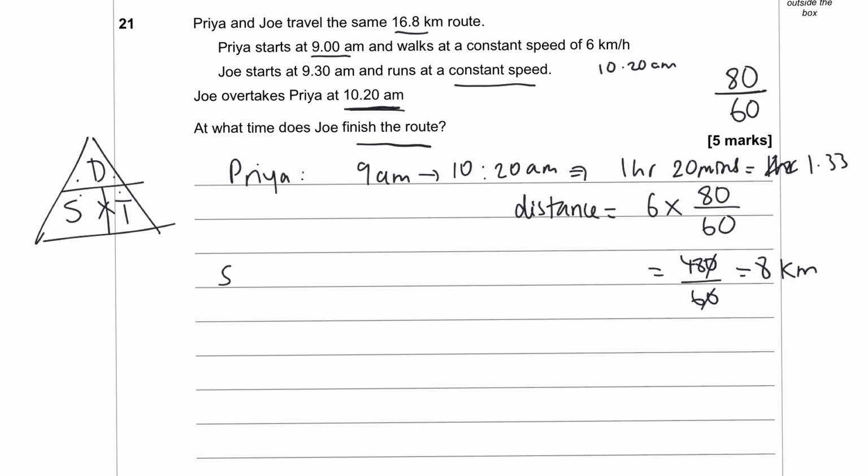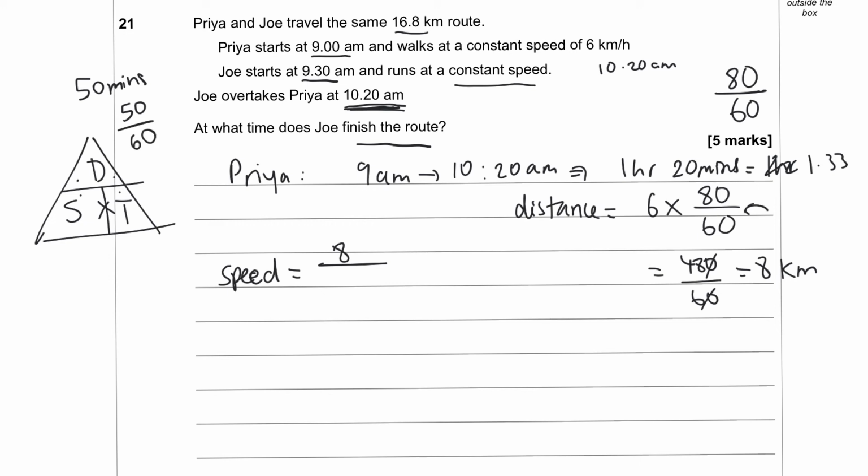So to work out his speed, we're going to do the distance, which we worked out as 8 kilometers, divided by the time. Because Joe started at 9:30, and he overtakes Priya at 10:20, he has only traveled for 50 minutes. As a fraction, that would be 50 over 60, because there are 60 minutes in an hour.